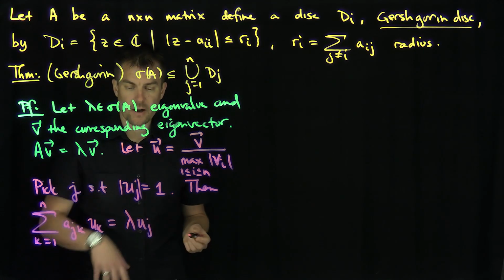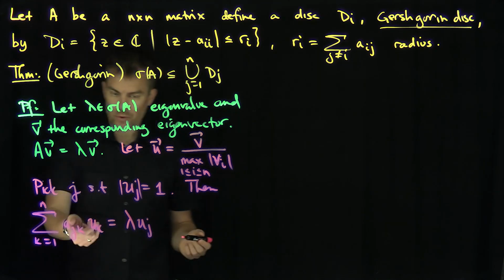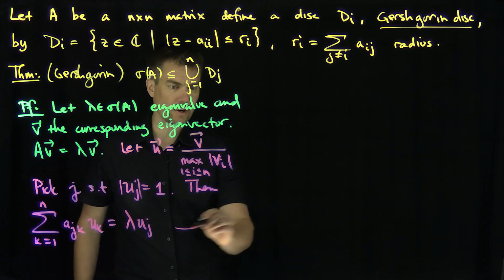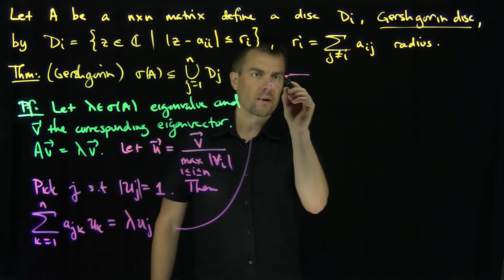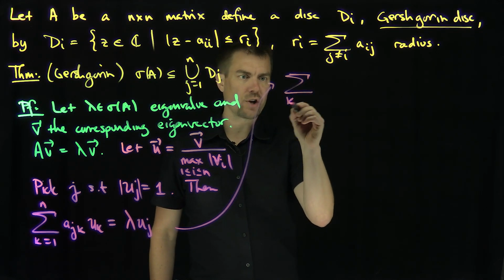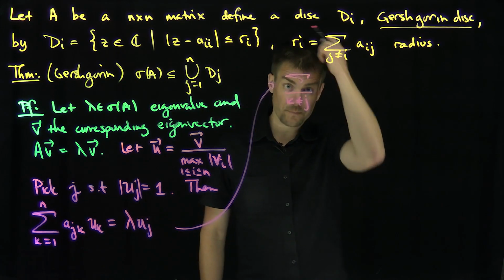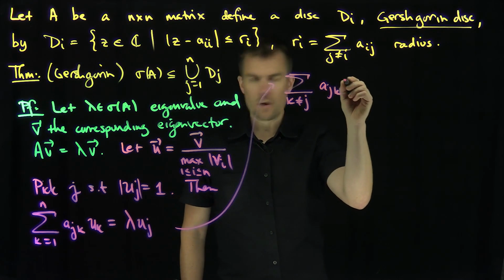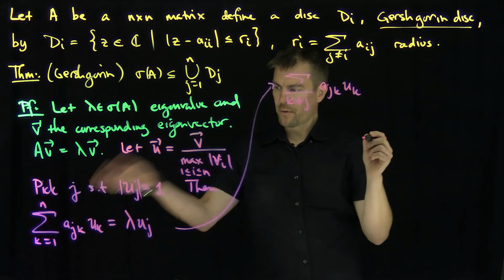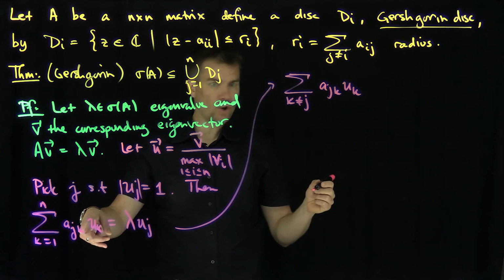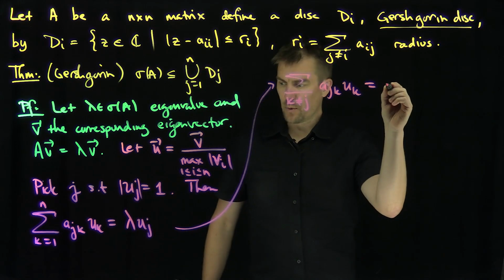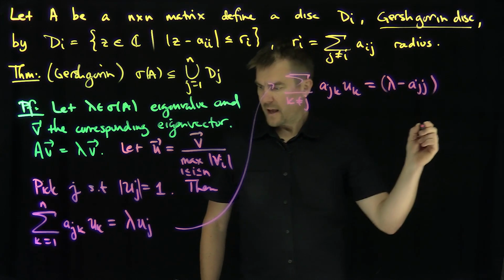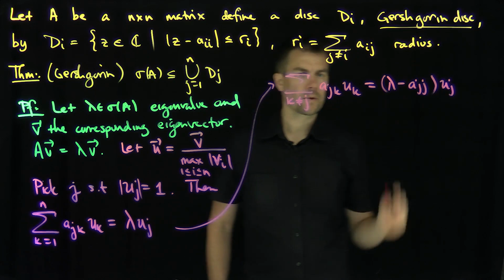And so now let's take absolute values everywhere. One more thing I'm going to do is peel off the jj entry. So we can say that the sum over k not equal to j of a_jk u_k, after I move a_jj to the other side, is equal to lambda minus a_jj, times u_j.